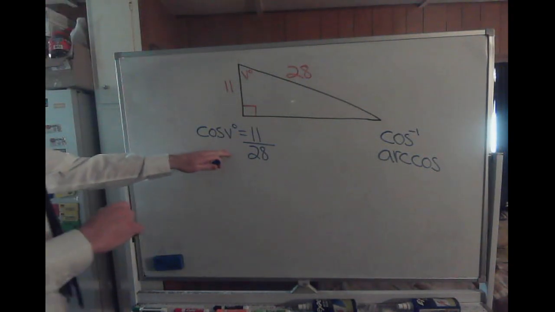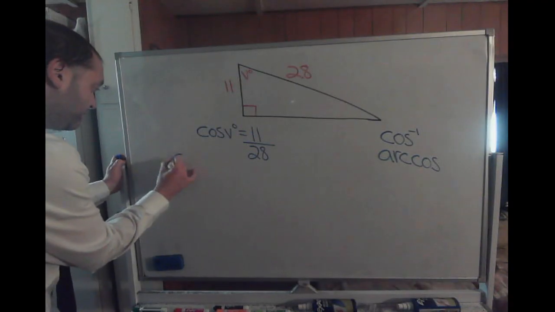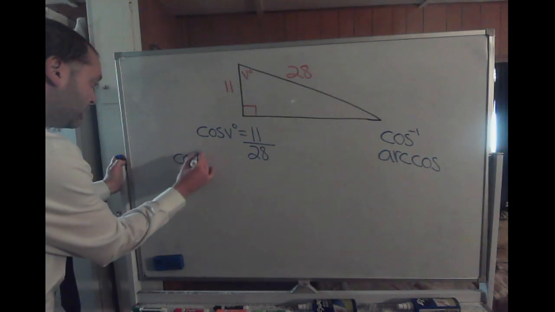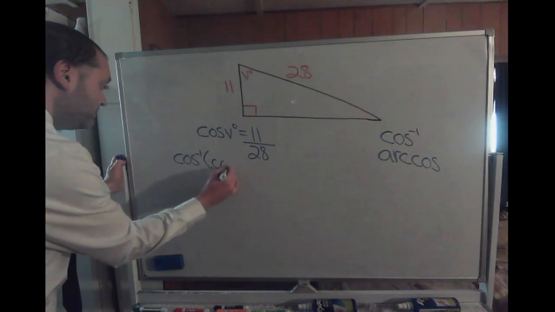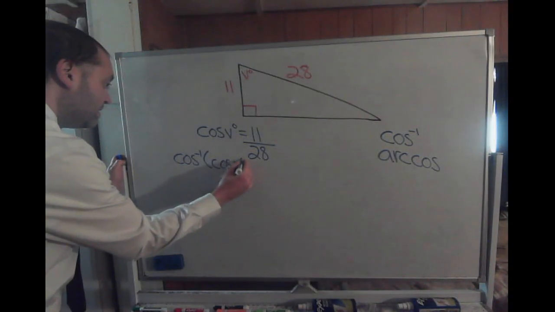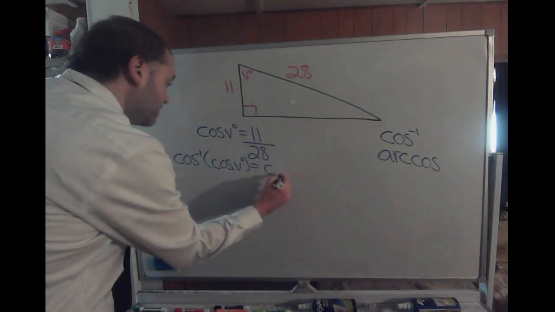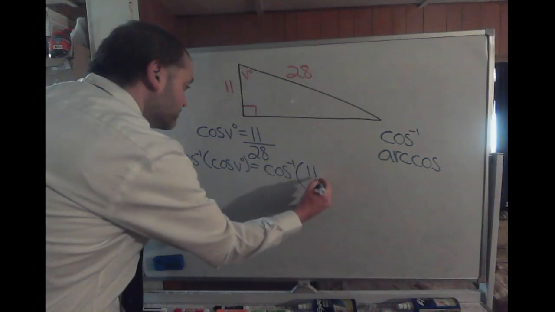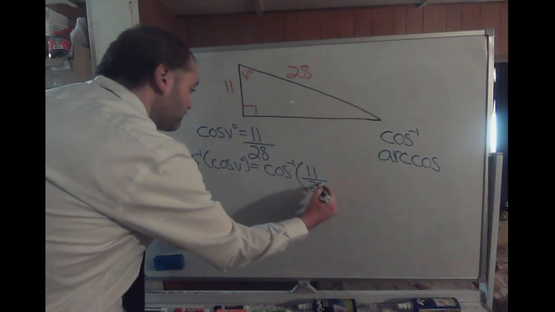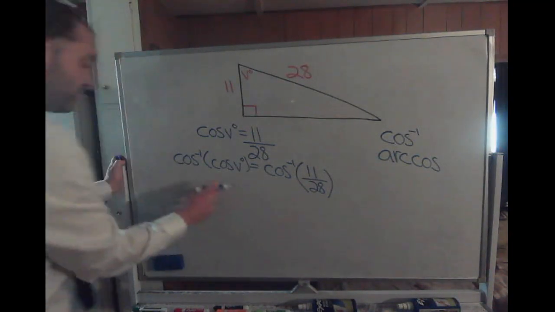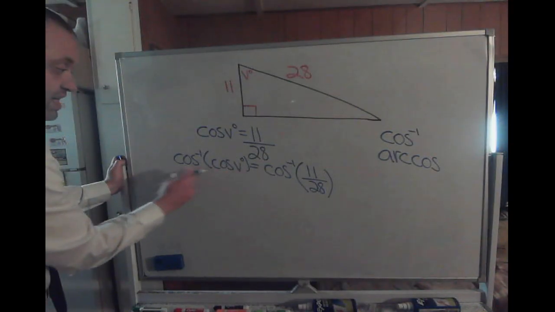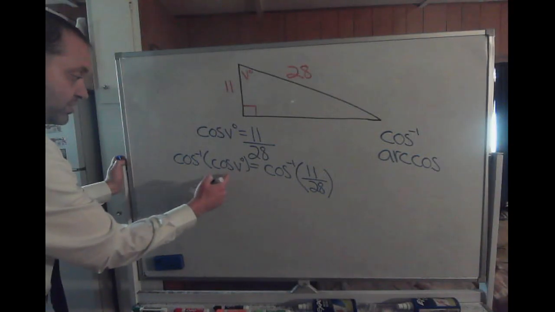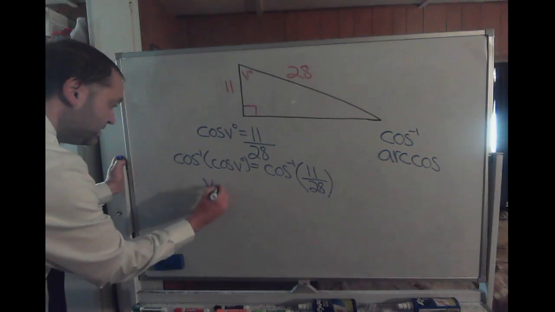In order to get V by itself, we need to take the inverse cosine of the cosine of V, set that equal to the cosine inverse of 11 over 28. This, of course, would turn into cosine inverse of cosine cancels out the trig. You just get the V degrees.